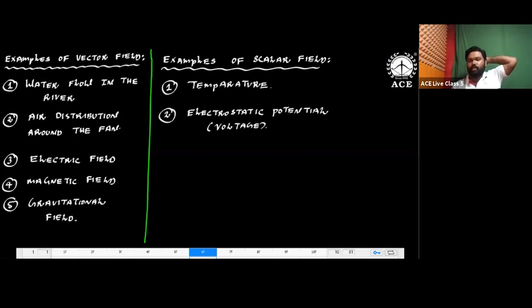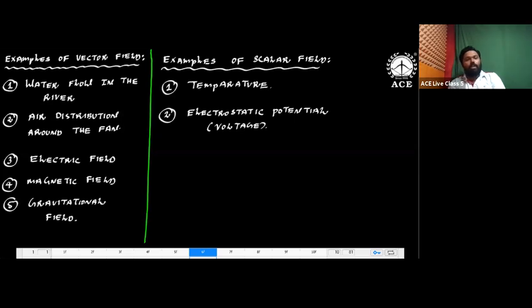So by taking these two examples, what I wanted to show is that different types of natures of fields are possible. Some fields may be straightforward in nature. Water flow in the river is straightforward in nature. Air distribution around the fan is circulating in nature.